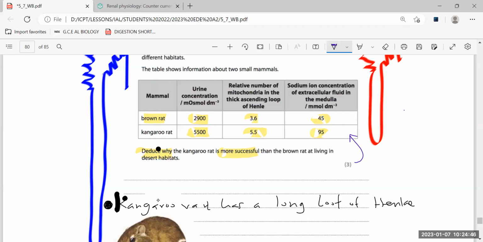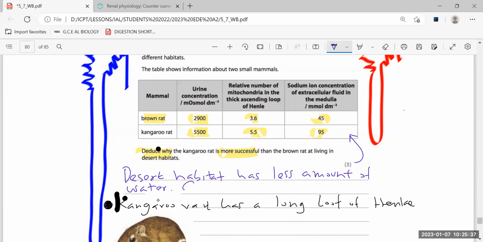Right now, when we're going to answer this question, why the kangaroo rat is more successful than the brown rat at living in a desert habitat, we first have to cue the most important introduction: the desert habitat has less water, or water availability is less in the desert habitat.